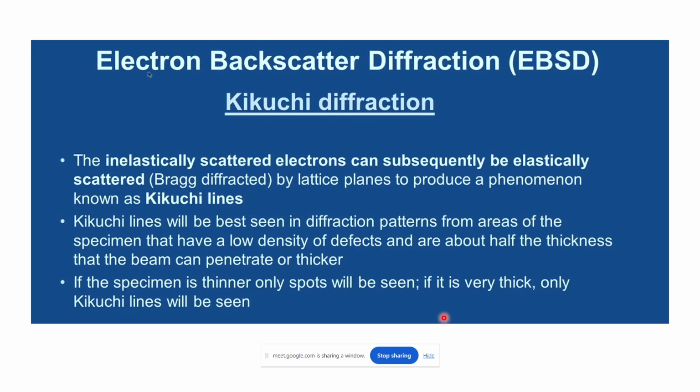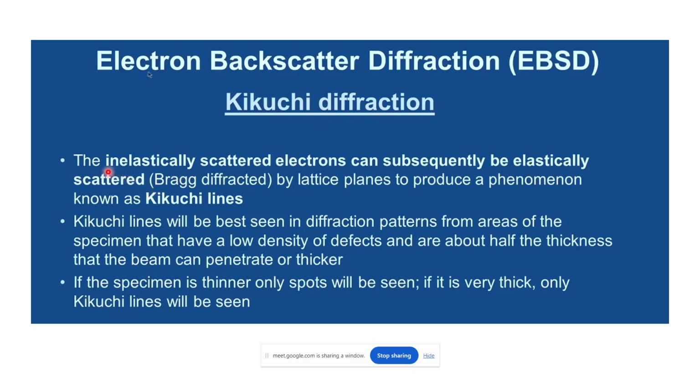And there is one more SEM technique which was left, that is the electron backscatter diffraction, which is generally known as EBSD patterns. These are basically just a representation of the Kikuchi diffractions. And what are Kikuchi lines?